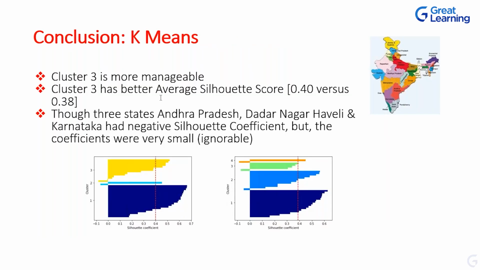So we will conclude that 3 clusters are going to be good, can be set optimum, and in support, we can forward that average silhouette score was higher as compared to 4 clusters. And in 3 clusters, there were 3 states which were having negative silhouette coefficient, but the magnitude was ignorable.